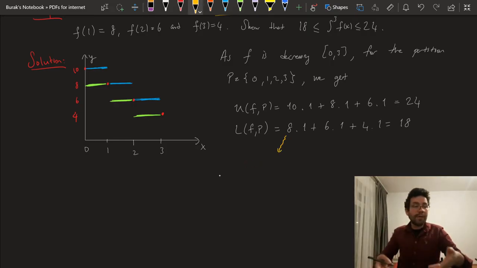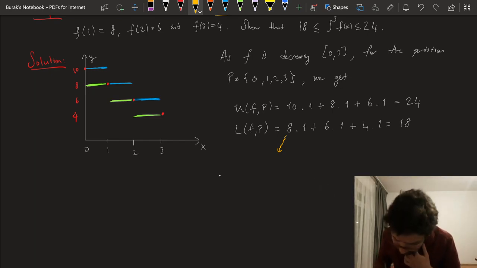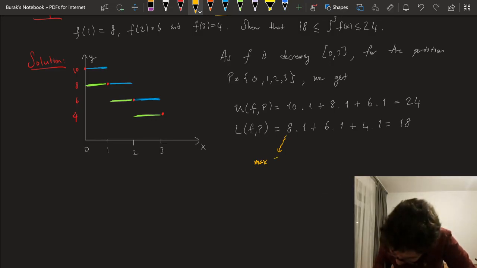I already explained this in words, but I should also write this down, because some of you will simply print these notes and not bother watching the videos. So this 8 is the maximum value of f over the interval 0, 1, and this is the length of the interval 0, 1, and this is the min, not max, this is the min.